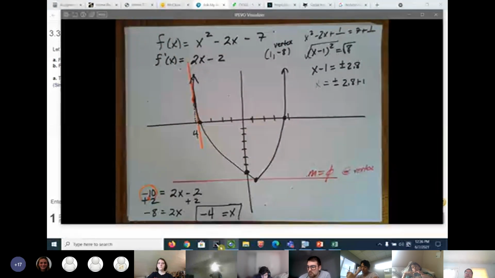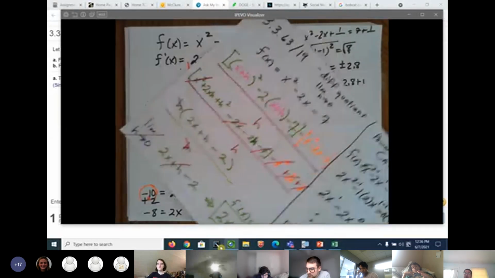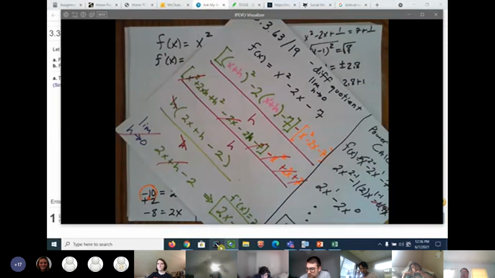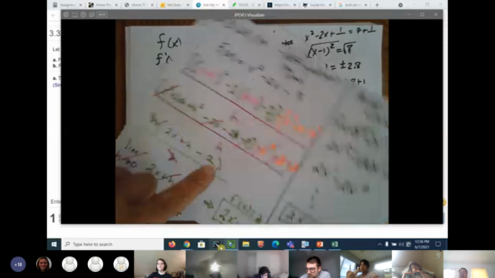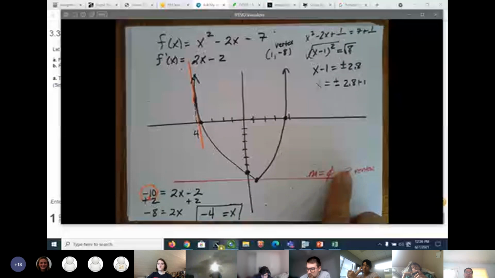Slope of the tangent line. So 4 test questions right here. 1, 2, 3, and 4. Capiche?